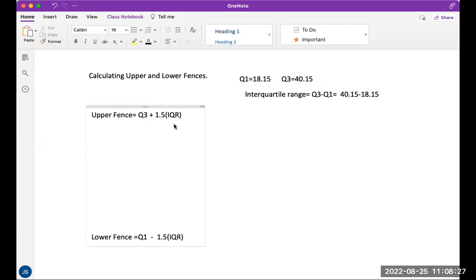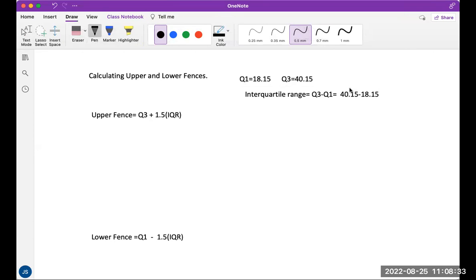So then next, we just follow order of operations and we substitute in this 22 that I calculated. The IQR, or the interquartile range in my case, is 22. So I substitute in my Q3, which is the 40.15 from my data.